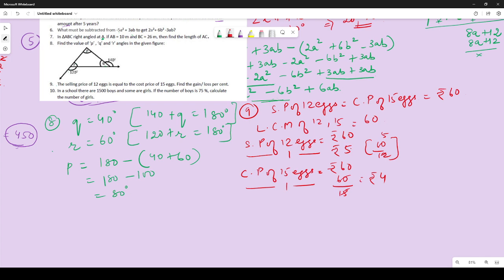Now see, SP is rupees 5, CP is rupees 4. So that means that there is a gain because SP is more than CP. So gain is equal to what? Gain is equal to SP minus CP. So here the gain comes to rupees 1, 5 rupees minus 4 rupees is equal to 1 rupee.